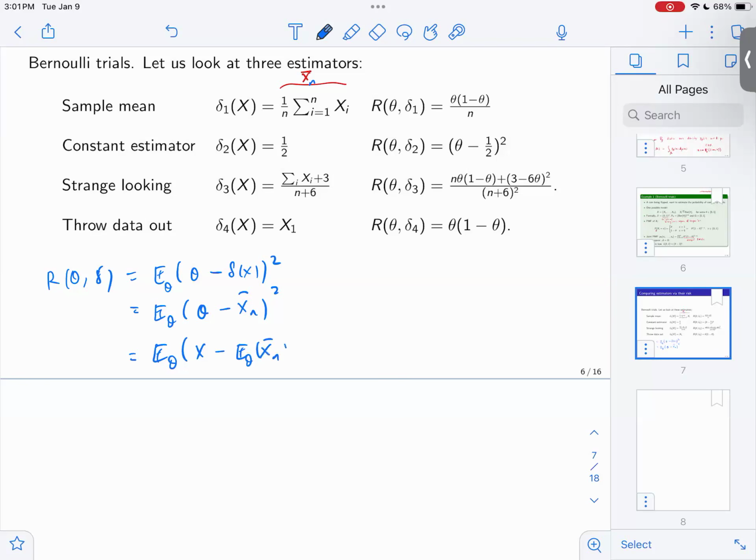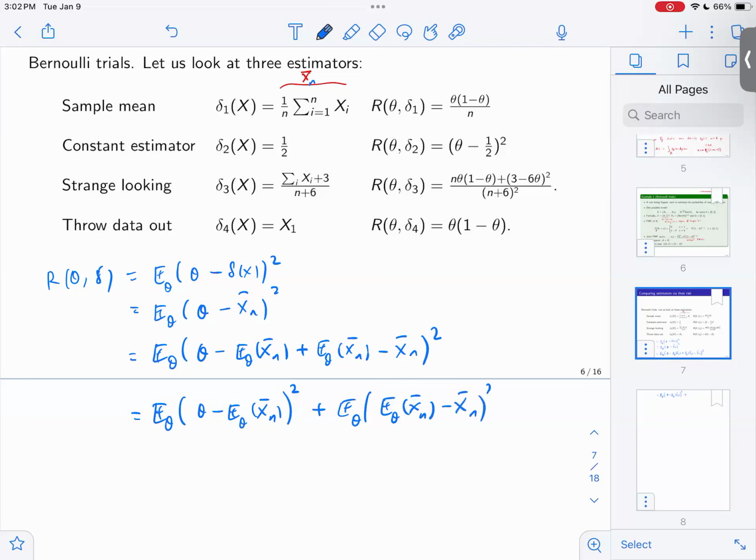So theta minus the expectation of x bar n, plus the expectation of x bar n minus x bar n, all squared. When I square, I get the expectation of (theta minus the expectation of x bar n) squared, plus the expectation of (the expectation of x bar n minus x bar n) squared, plus the expectation of the cross term.